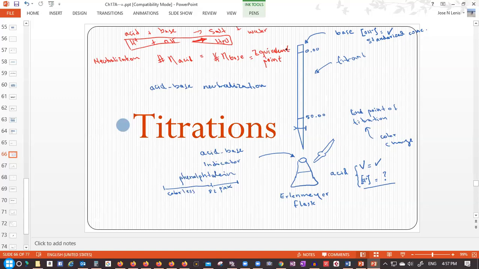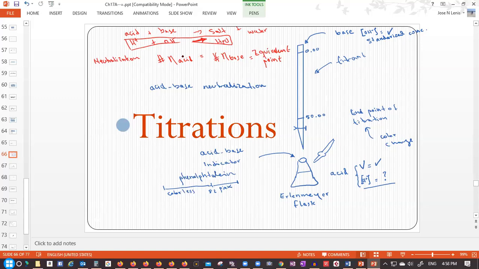Also, the pH at the equivalent point depends on the nature of the acid and base you are combining. So we have to be careful with that, because if we are neutralizing weak acids or weak bases, or we have both of them, then at the equivalent point they will also have some salts of the acid or salts of the base, and that will behave as a buffer.